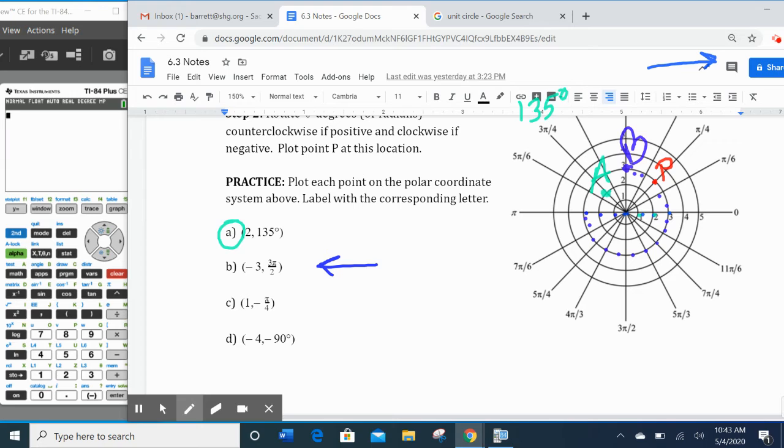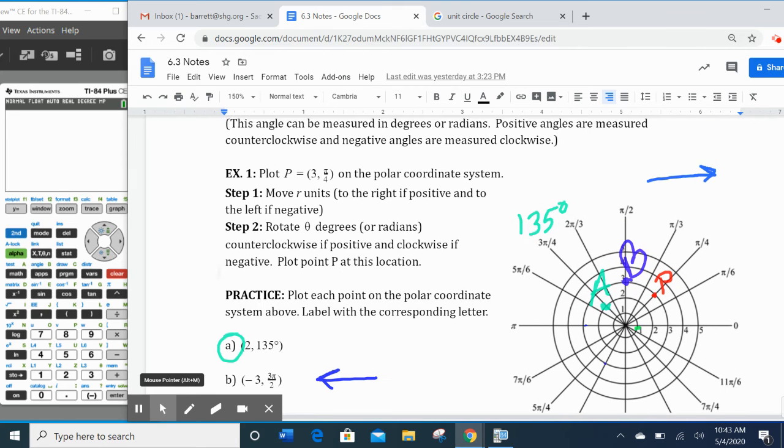And then C has a negative theta. How does that affect it? Well, r is +1, which means I'm going to go out to the right 1 unit. And then they want me to rotate -pi/4 radians.